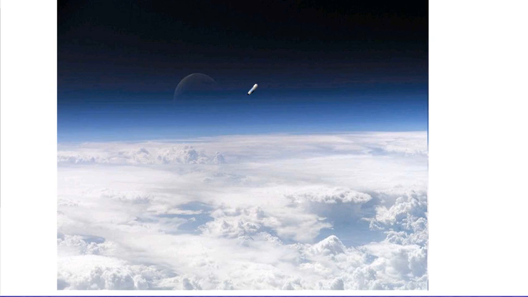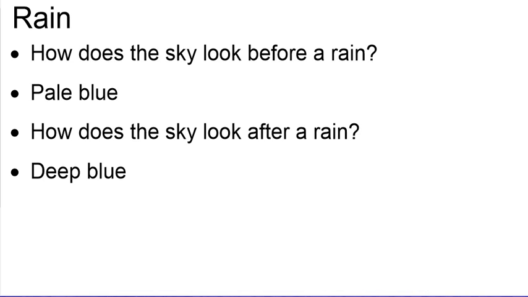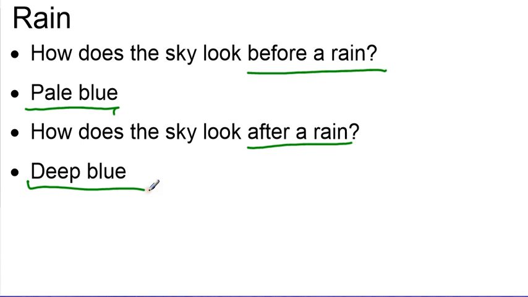We see those blues better, and it's scattering those blues because of the smaller particle size due to the Tyndall Effect. So, for rain, if you think of the sky before a good rain, you should see that it's a fairly pale blue, almost grayish even. After a rain, if you look at the sky, you'll see that it's a deep blue.